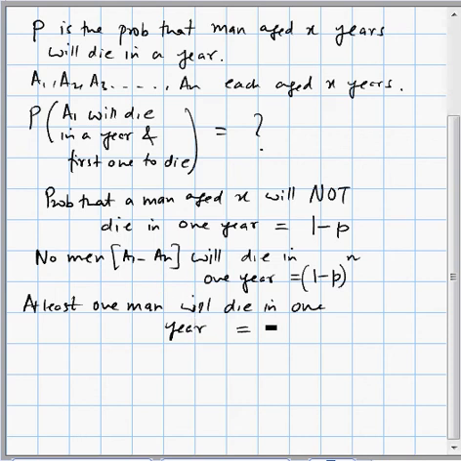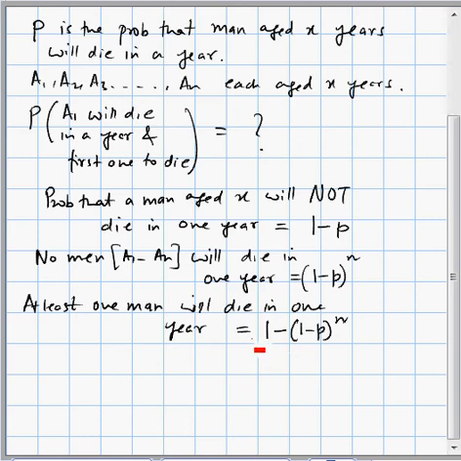These are complementary events. So the probability that at least one man dies in the next 1 year is 1 minus the probability that no man dies, the probability of the complementary event. So we have the probability that in the next 1 year at least one man will die out of n men, all aged X.